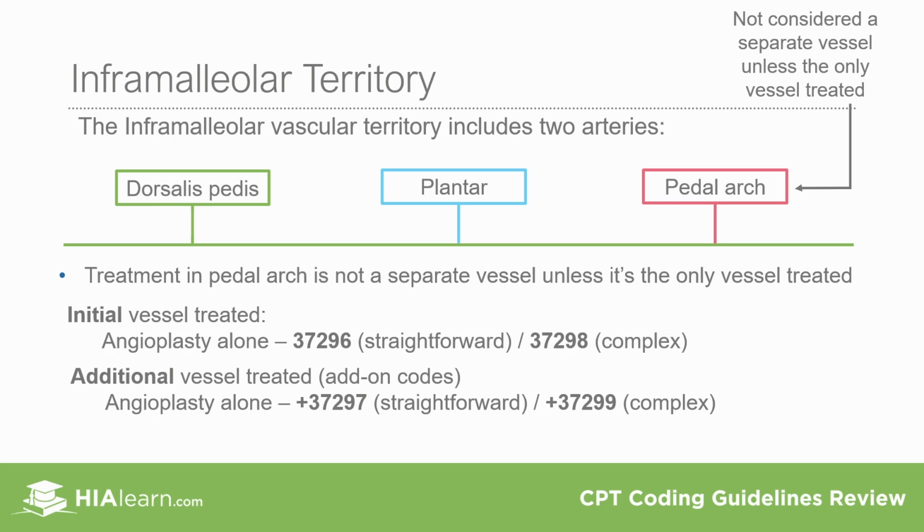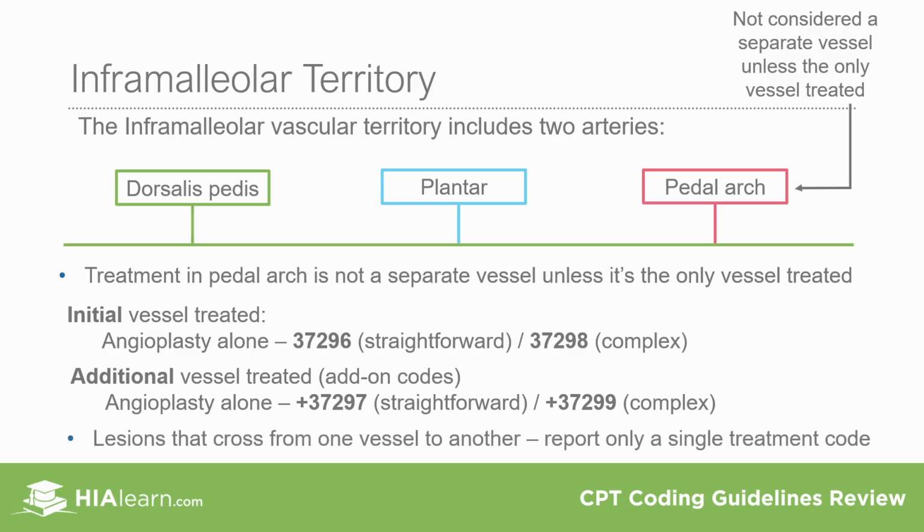Code 37297 is assigned for treatment of straightforward lesions, and 37299 is assigned when complex lesions are treated. Lesions that cross from one vessel in the inframalleolar territory to another vessel in the same territory are reported with only a single treatment code for an initial vessel.